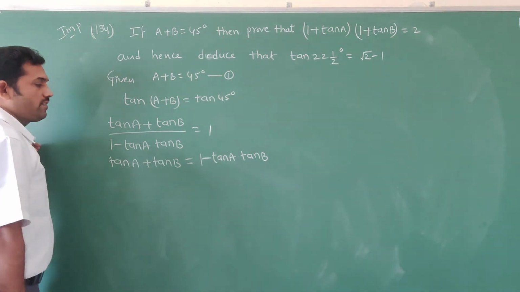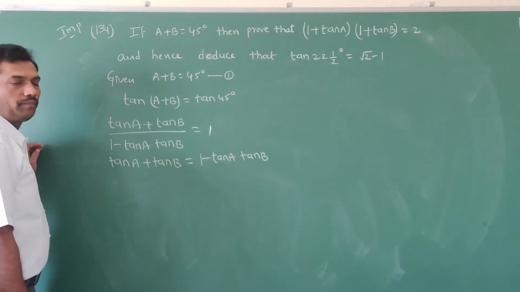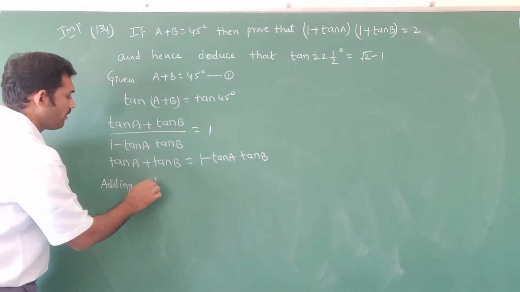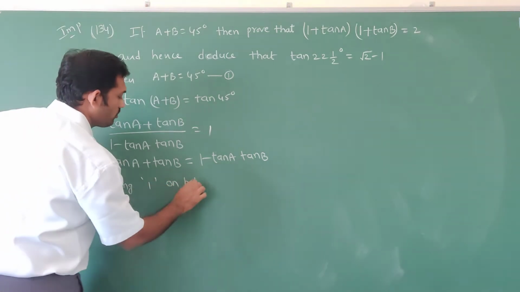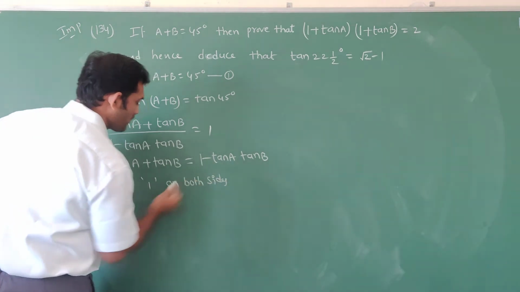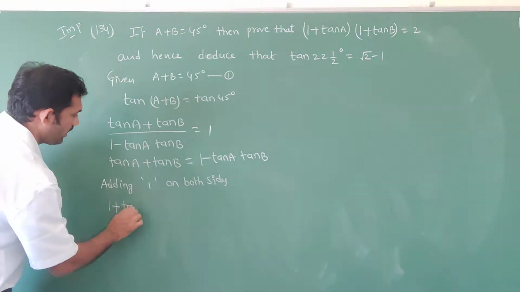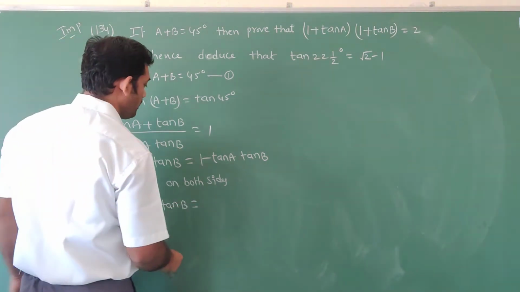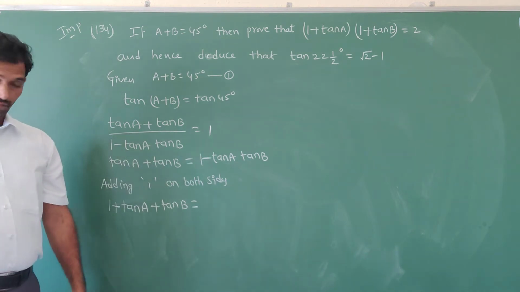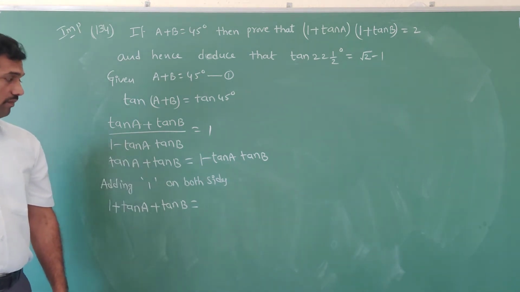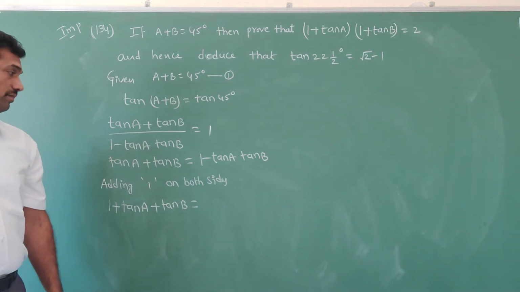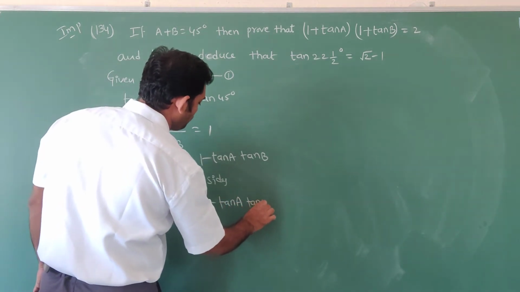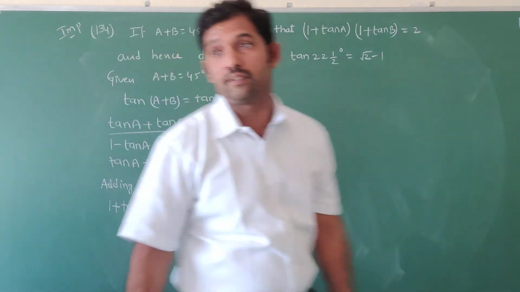So tan A plus tan B equal to 1 minus tan A tan B. Adding 1 on both sides, what happens? 1 plus tan A plus tan B is equal to 1 minus tan A tan B plus 1. 1 is added on both sides.